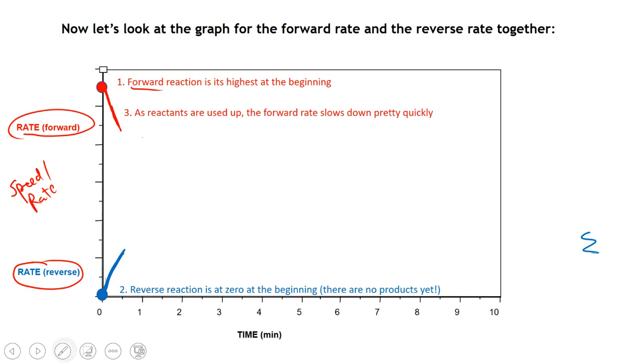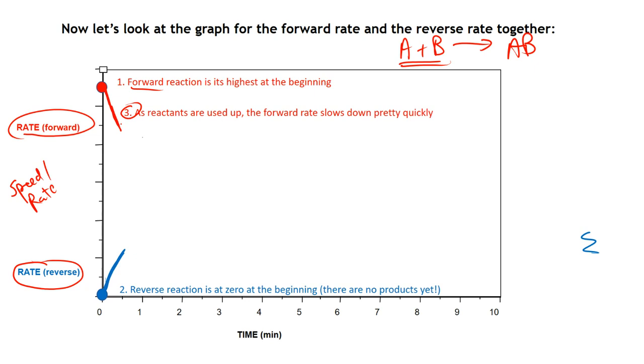Next up, if we focus back on our forward reaction, as we start to use up reactants, what happens to the possibility of these reactants colliding with each other? Well, if I have less reactants, then the possibility of them colliding and reacting becomes less as well.